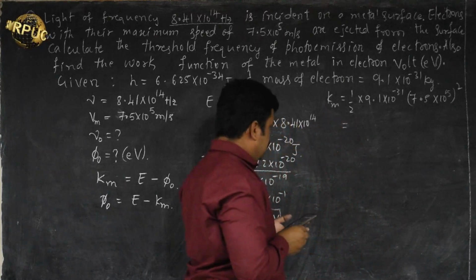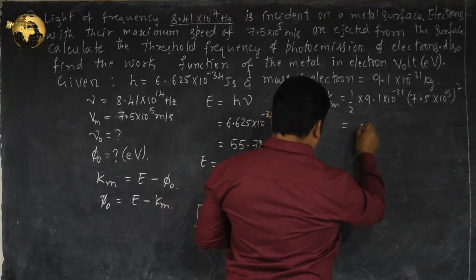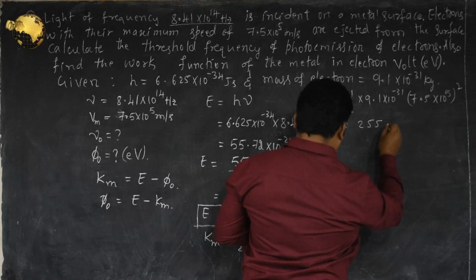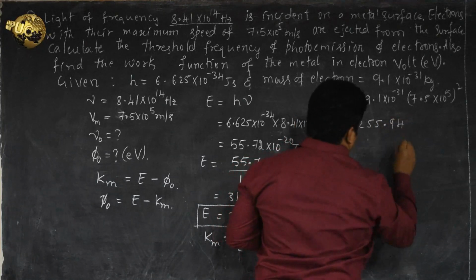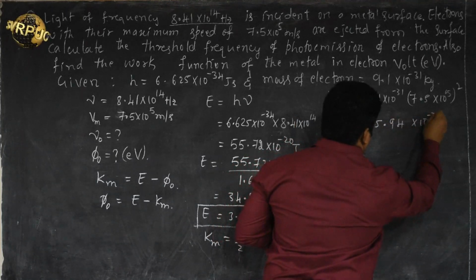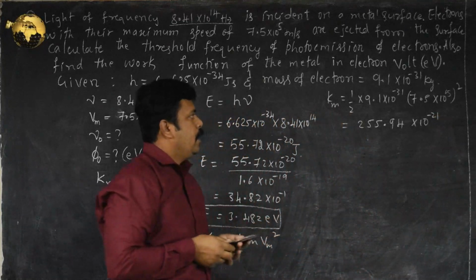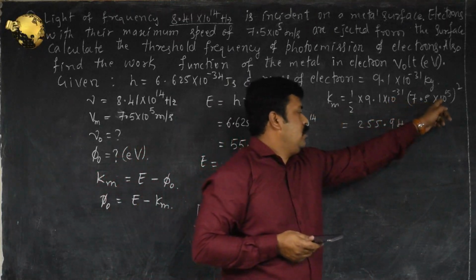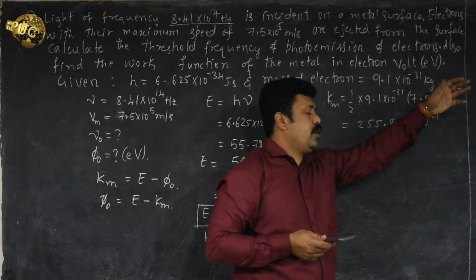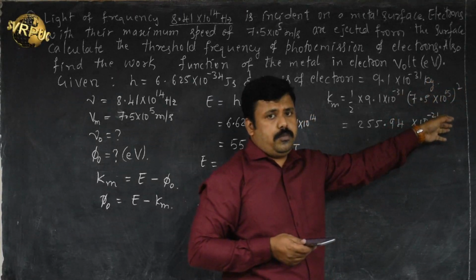On solving this, we get 255.94 into 10 to the power minus 21, since 10 to the power minus 31 plus 10 is minus 21.